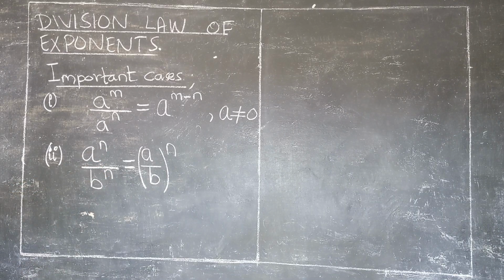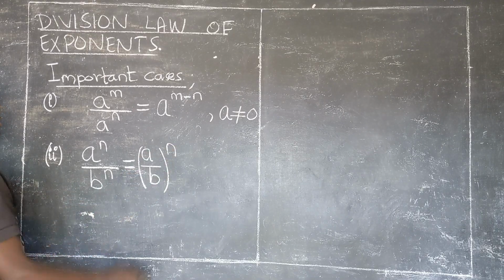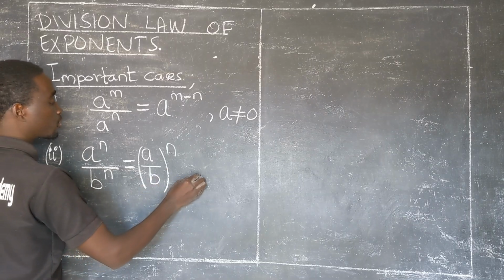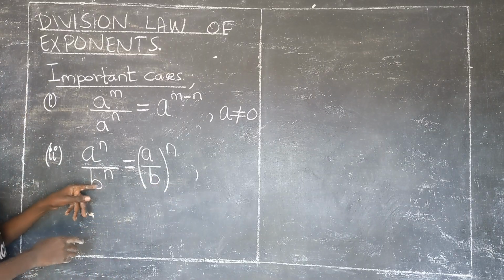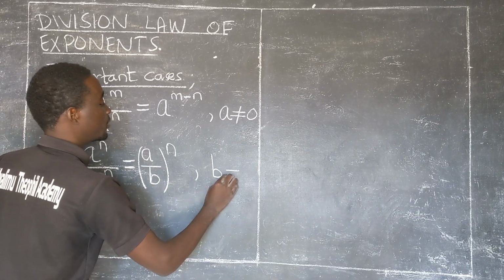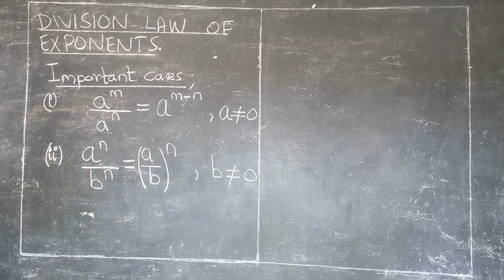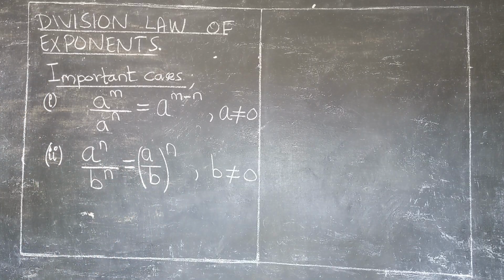Now, a raised to n divided by b raised to n will be equal to a over b, raised to exponent n. But this will be true only if b, the number in the denominator, is not equal to 0, as when it is 0, this expression is undefined.